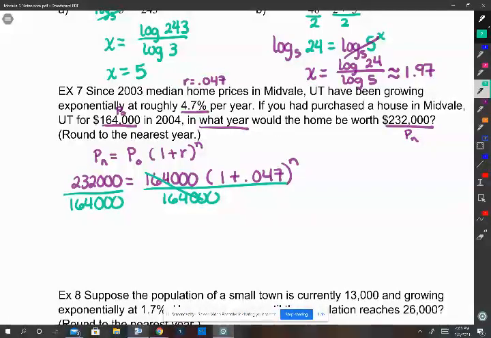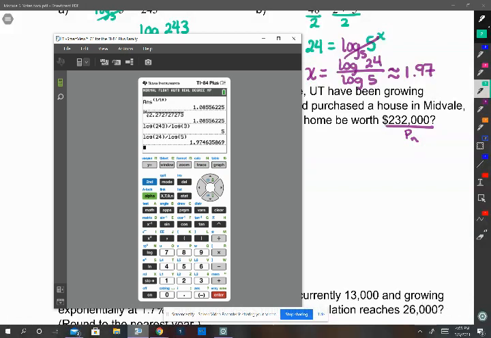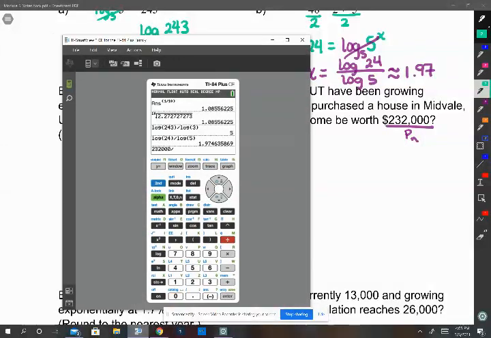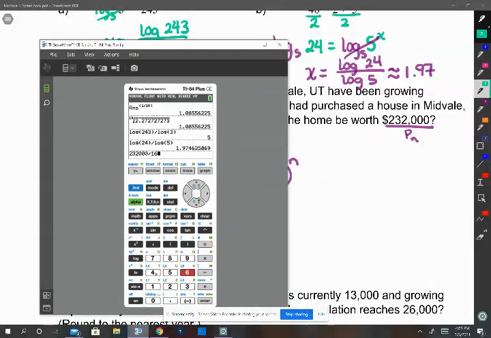And I'm going to add these two together, so this is going to be 1.047 to the n, and this is going to give us 232 divided by 164. We can put the zeros in if you want to, but the zeros kind of cancel each other out, so we don't necessarily need them. So we get 232 divided by 164.